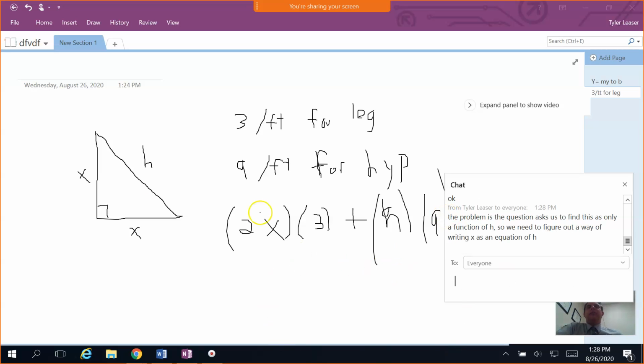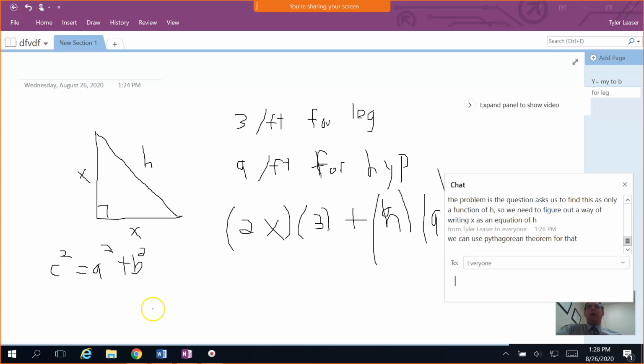To do that, we're just going to be using some right triangle stuff, some Pythagorean theorem stuff, or you could do some trig stuff with tangent or sine or cosine. I'll just do Pythagorean theorem. So c squared is equal to a squared plus b squared. Our hypotenuse is h, so h squared, and our legs are both x, so x squared plus x squared.